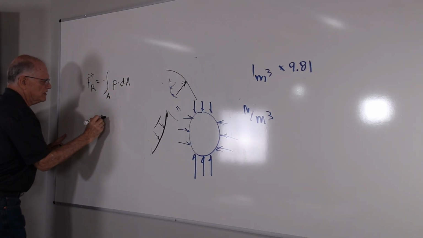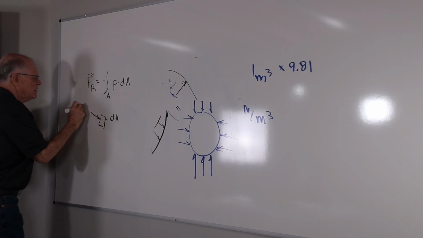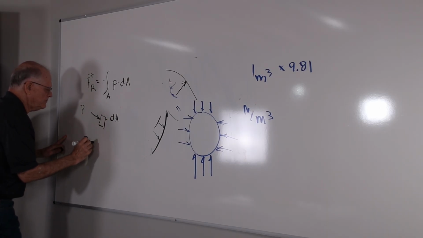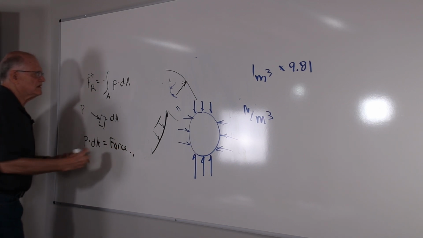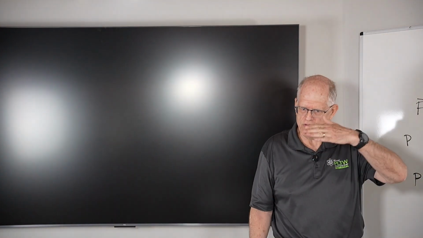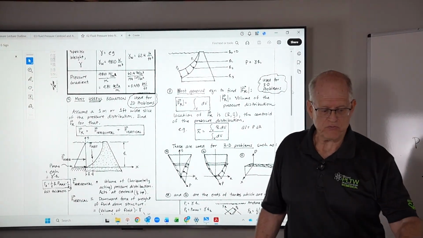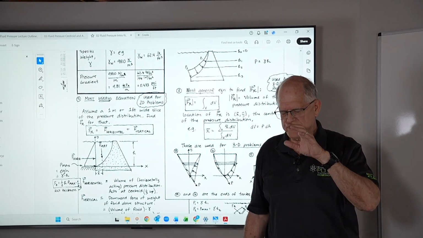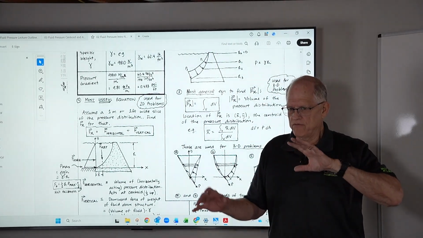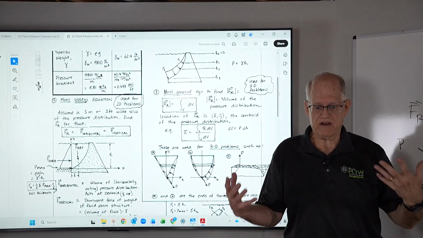If you have a pressure acting on a dA, pressure times dA is force. And so we're adding up all of those forces to get the resultant force. That's what we're doing on every problem. Now there are techniques or tricks we're going to use for different kinds of problems, but fundamentally, this is really what we're doing on every problem.